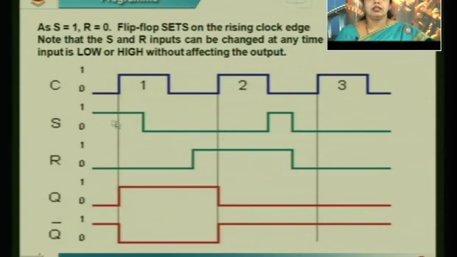With respect to the edge, whatever inputs are given, the output will be reflected. At this particular edge, the first clock transition, you can see S is high and R is low. According to my truth table, as we discussed previously, my output goes to the set condition, true.